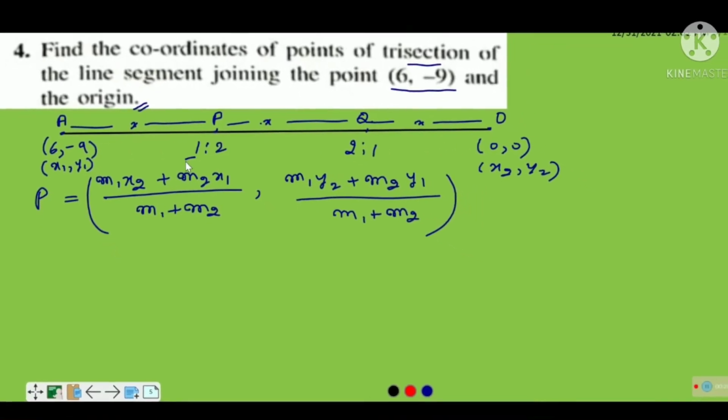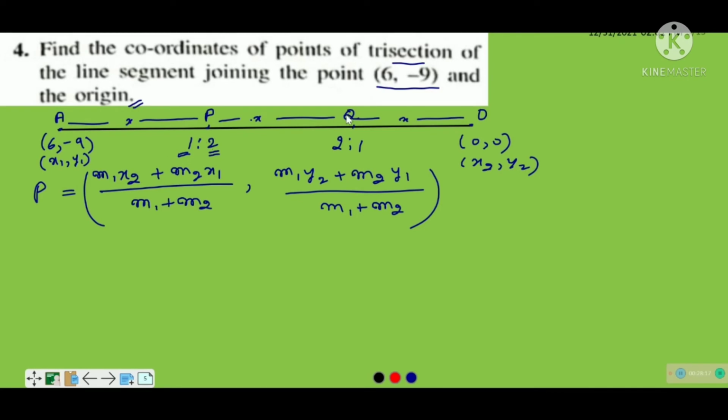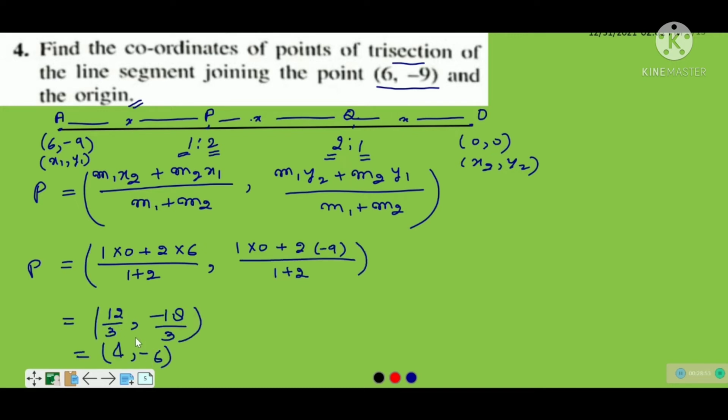For P, m1 is 1 and m2 is 2, and for Q, m1 is 2 and m2 is 1. Coordinates of P, first point of trisection are 4, -6.